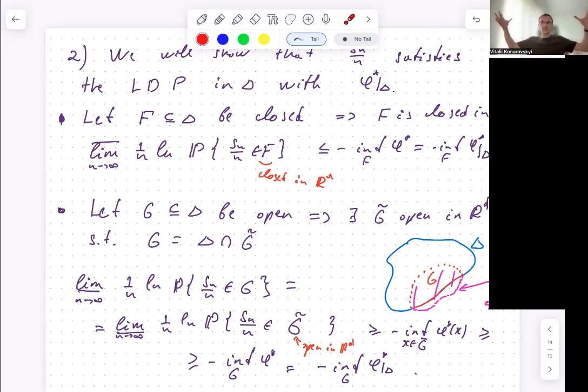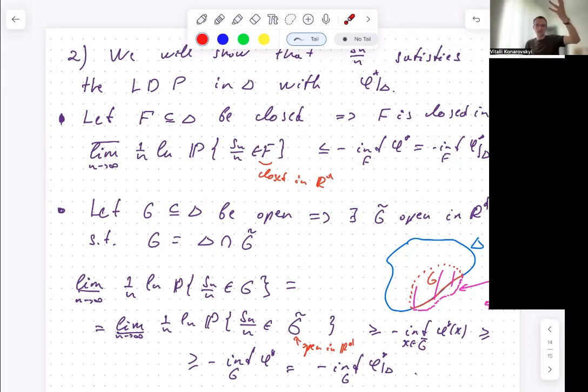If you have the large deviation principle in some big space for the family of random variables, and you also know that the random variables take values in a smaller space that is a closed subspace of your bigger space, then it doesn't matter on which space you formulate the large deviation principle, because if it is true for the larger space, it will also be true for the smaller space.